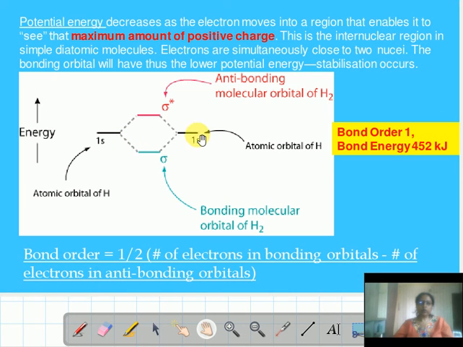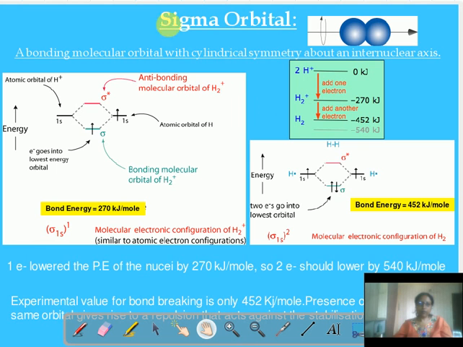So we have to fill up electrons here, then calculate how many electrons are present in the bonding orbital and how many in the antibonding orbital. Then if we put those numbers of electrons in this formula, we will be able to calculate the bond order of a molecule.